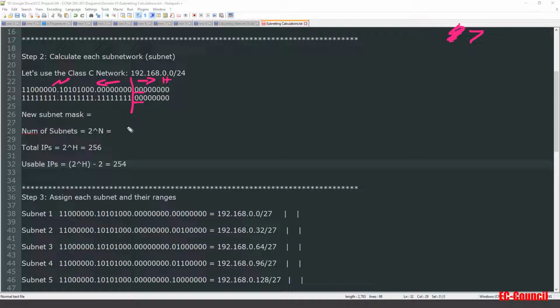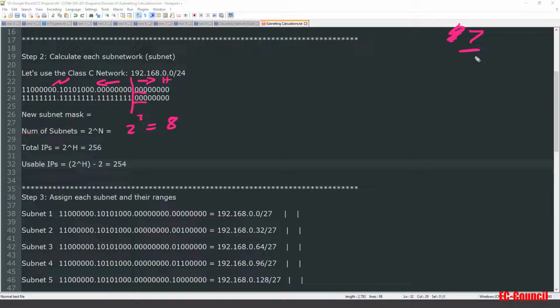This will be 2 to the power 2, which is equal to 4. But remember, we need 7. So let us borrow another one. Now we borrow 3 bits on the host portion of the address. So therefore, 2 times 2 is 4, 4 times 2 is 8. We'll end up with 8 networks.